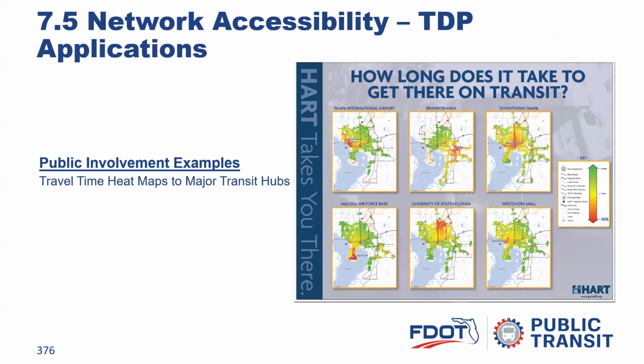All right, so here's an interesting example of a TDP where HART used this tool to create heat maps from all of the major activity centers in the Tampa area. So you can see that the first one is the Tampa International Airport here.